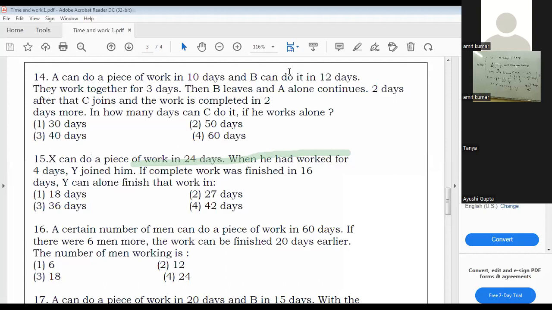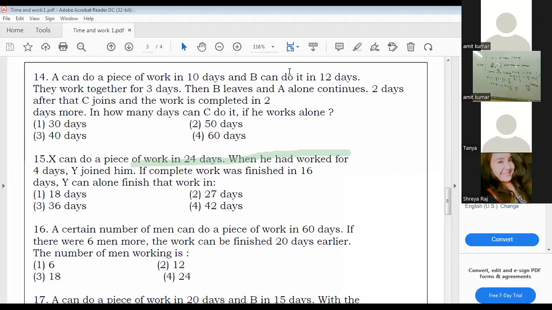Is it clear? No, sir. I have not understood the first part, actually. Don't worry, I will explain again from the starting. Just give me a minute. Please note it down, then I will solve it again.